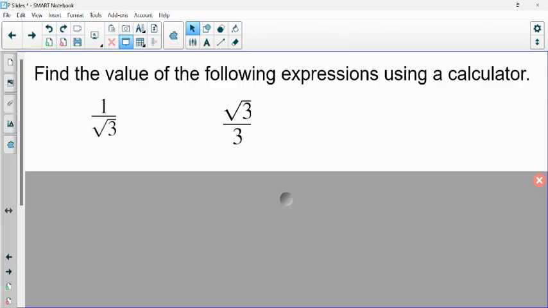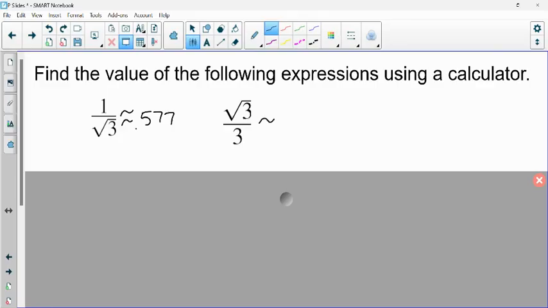It's going to be an irrational number, about 0.577. And if I then take root 3 divided by 3, I get the same exact thing, about 0.577.